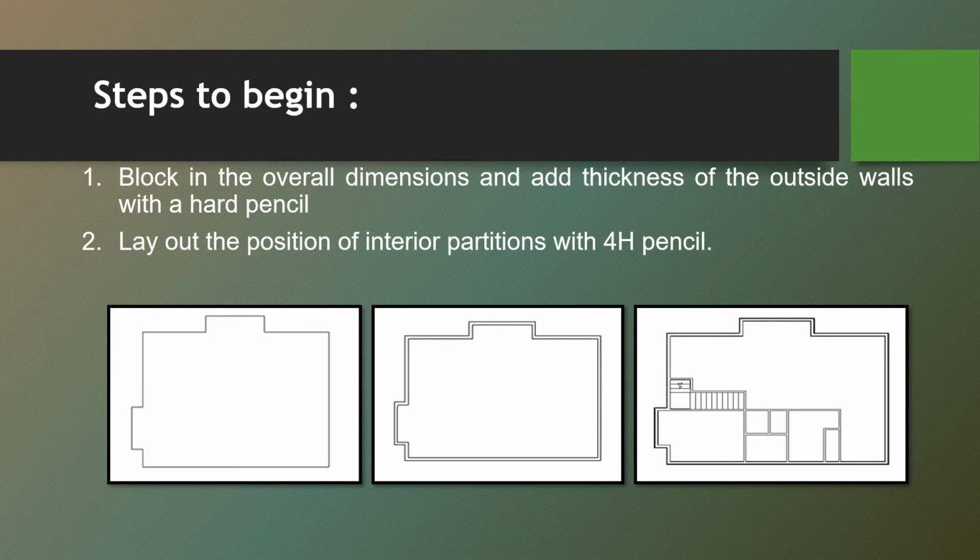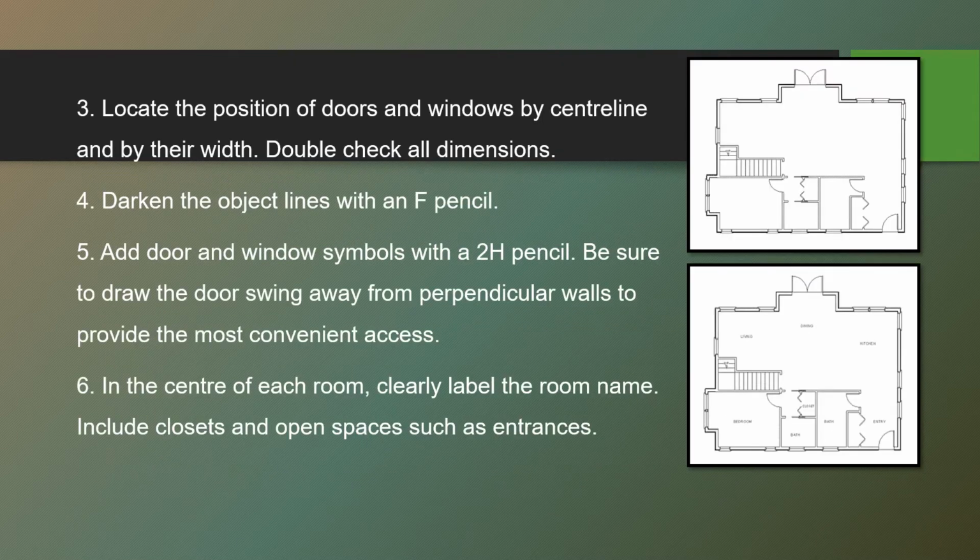Okay, the steps to begin. Number 1, block in the overall dimensions and thickness of the outside walls with the hard pencil. Number 2, lay out the positions of interior partitions with the same pencil. Here, you can see it there. Number 3, locate the position of the doors and windows by center line and their width.